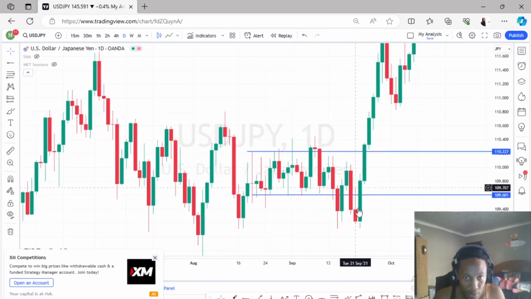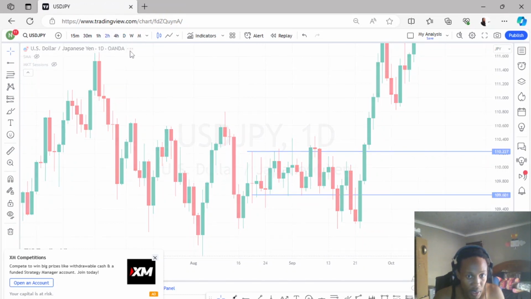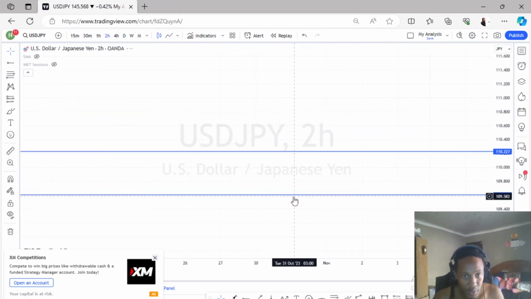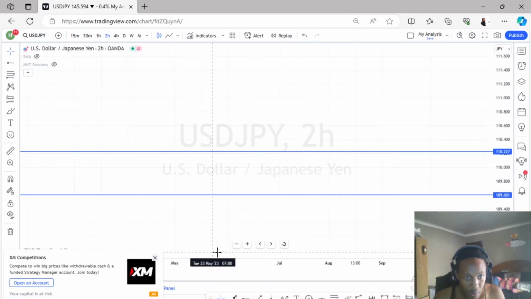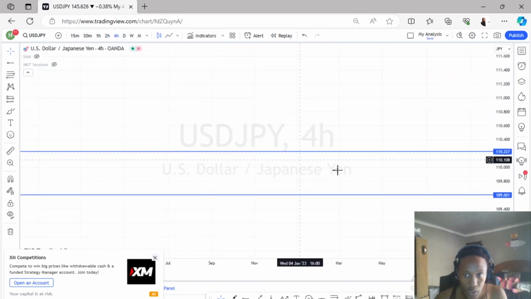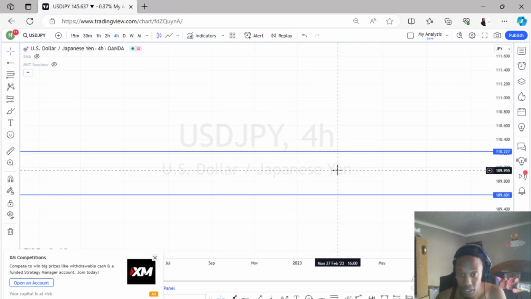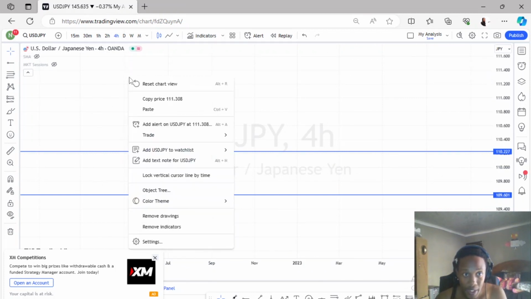Then it faked out, decided to grab liquidity over here. Let's go to the 2 hour. Okay, the 2 hour is too far. But overall, it's whereby the market doesn't have a real direction of where it wants to go.